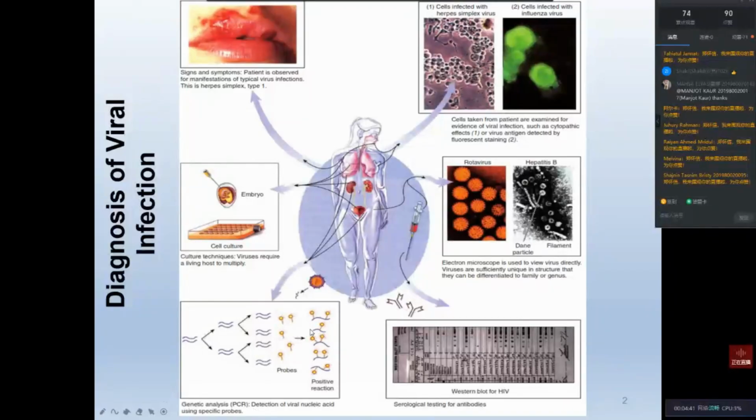And once you see the onset of disease, once you find the symptoms, we should collect the specimen as early as possible. You don't want to wait till it is too late, because our immune system is trying to handle the viral infection. If you collect the specimens too late, probably you will get nothing from it.